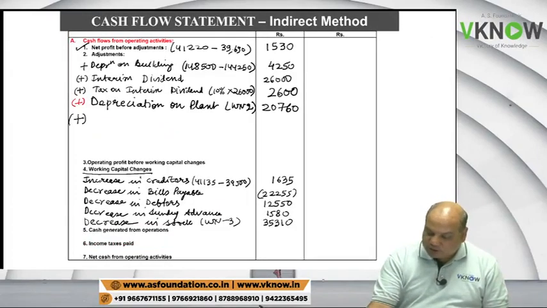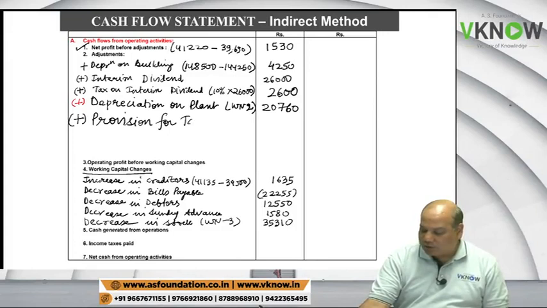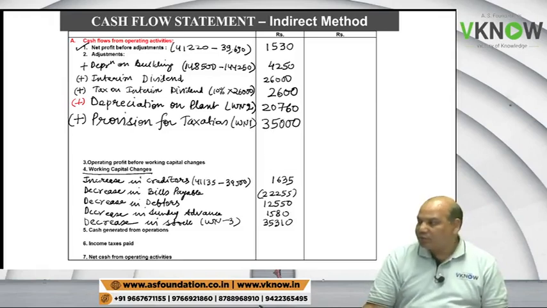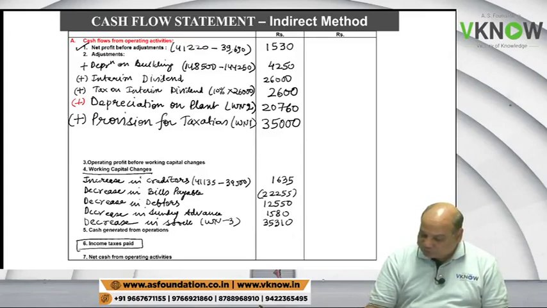Current year provision we will add back. In adjustment add back provision for taxation, working note 1, 35,000, and in tax paid, point number 6 below, in bracket in first column, 25,000.